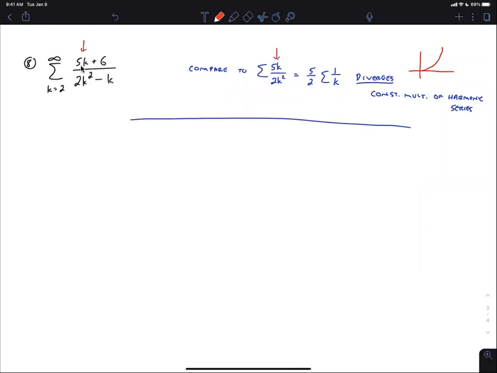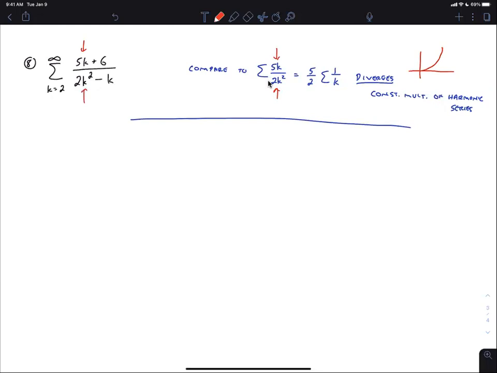The numerator is the same, except that this one is plus 6, so the numerator of this fraction is bigger than the numerator of this fraction. I'm then talking about 2k squared versus 2k squared. Those are basically the same, except that this one you're subtracting k, so this denominator is smaller than this denominator. Does that answer your question?